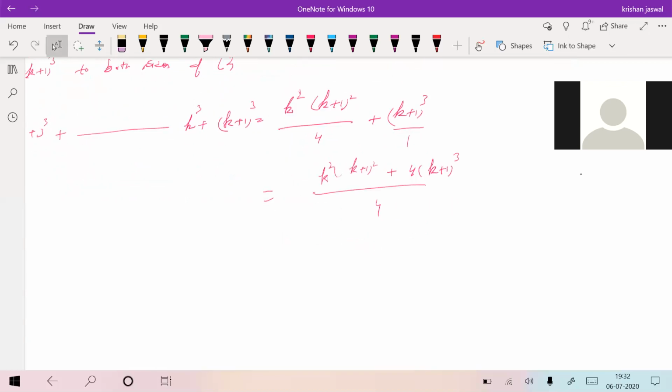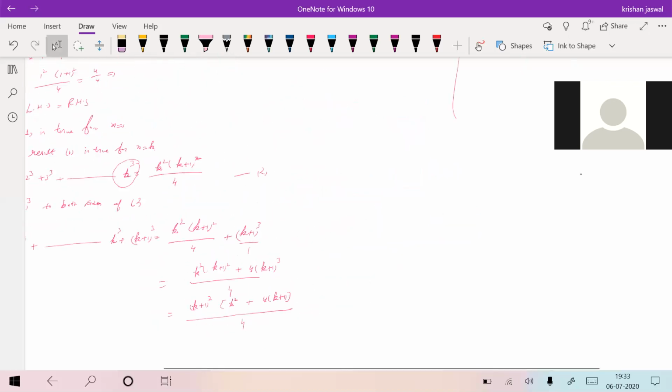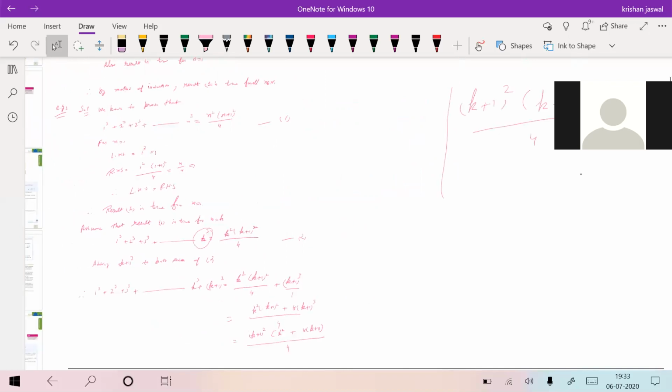And what is common in the numerator? k plus 1 whole square. We are left with k square plus 4 into k plus 1, over 4. Check what we find: k plus 1 whole square, we will not touch this term, and over 4 also exists.